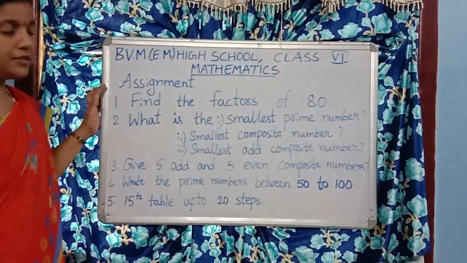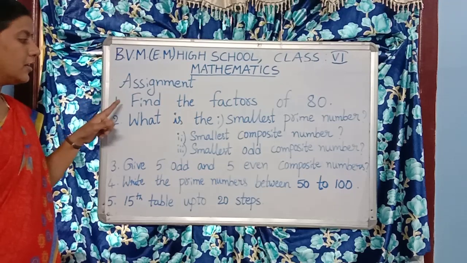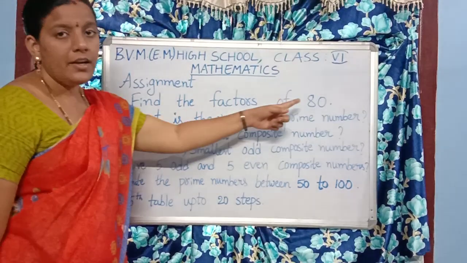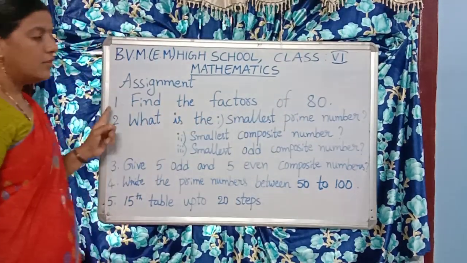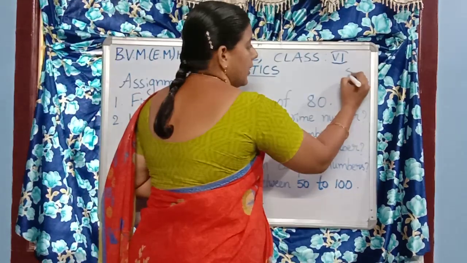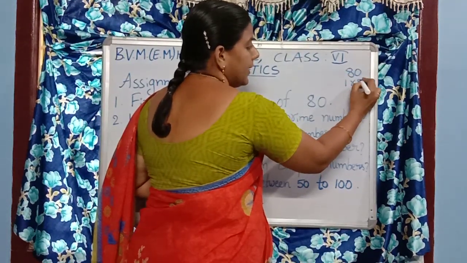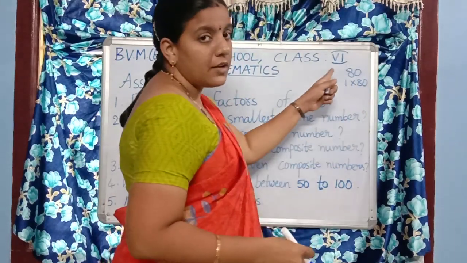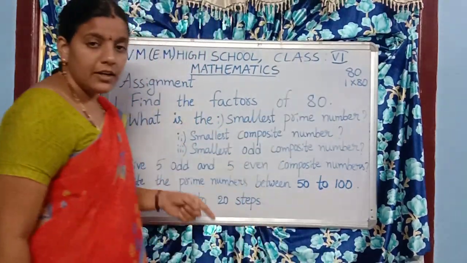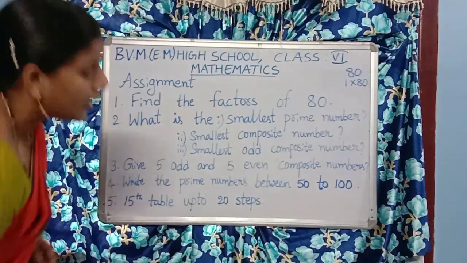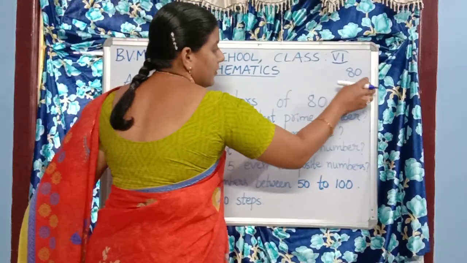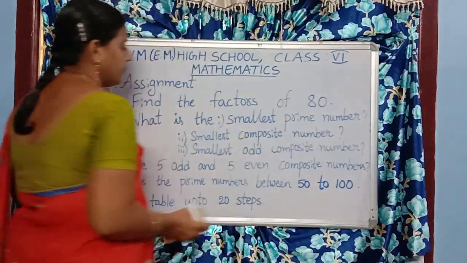Next, assignment. First one. Find the factors of 80. You know 80. 1 80s are 80. Next check with 2 and check with 3. Next 4. Next 5. Like that. Find the factors of 80.